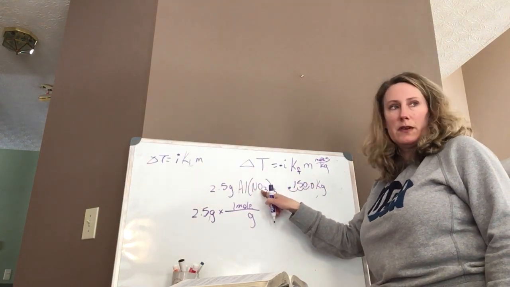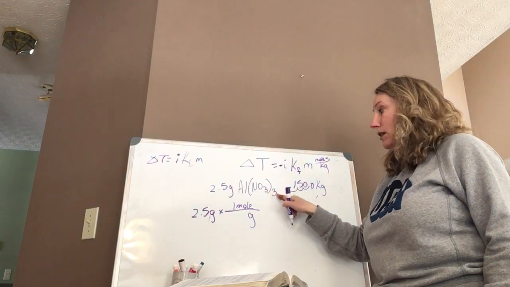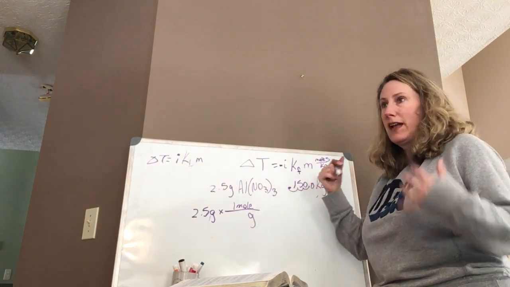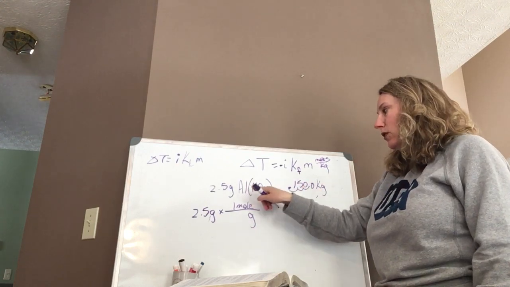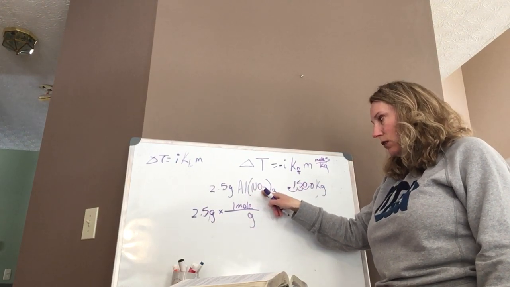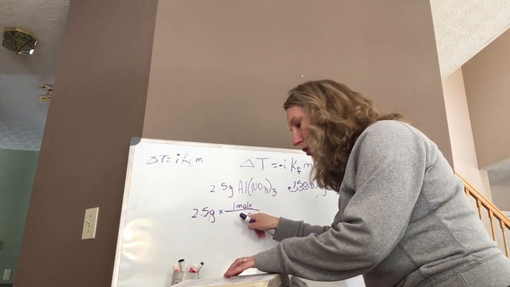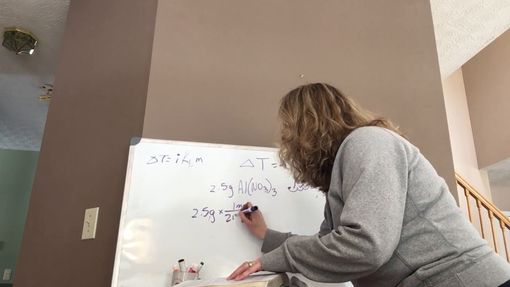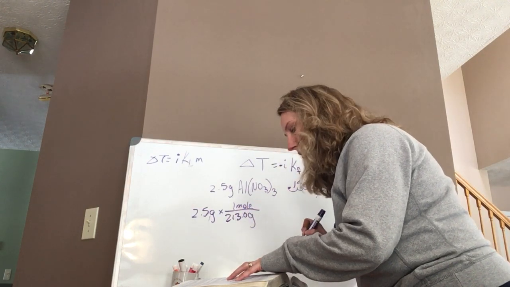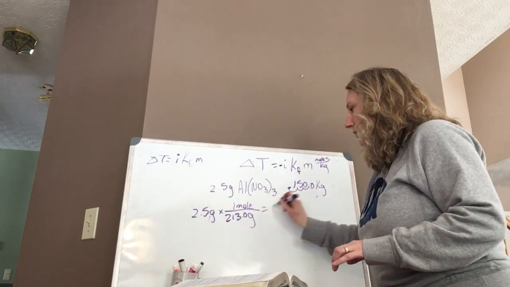How many O's do you have? 9. So that's going to be the hard part. How can you figure out how much that weighs? So you're going to look 1 of those, 3 of those, 9 of those, and figure out how much 1 mole of it is. So I'm cheating, and that is 213.0 grams.